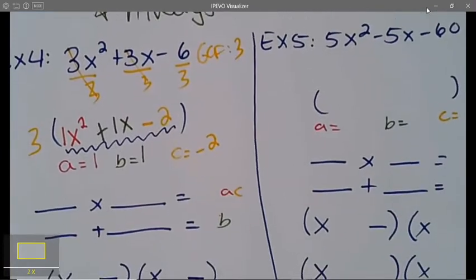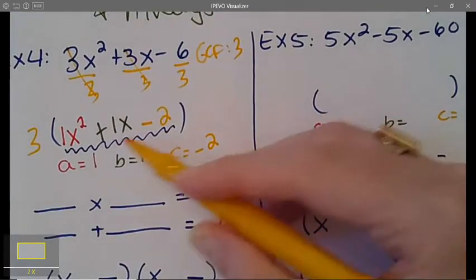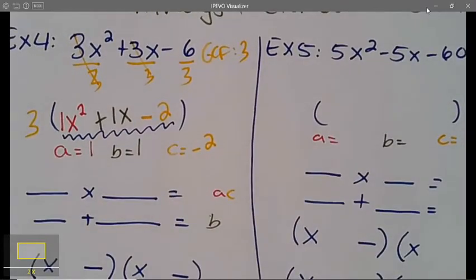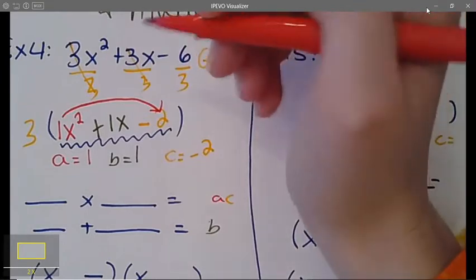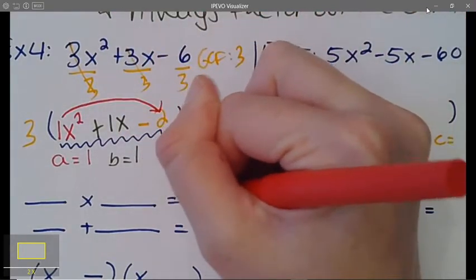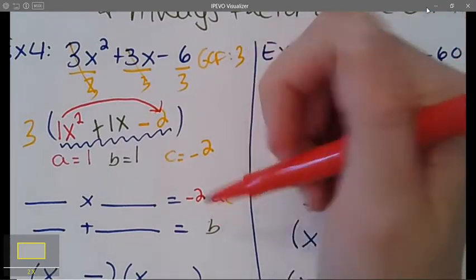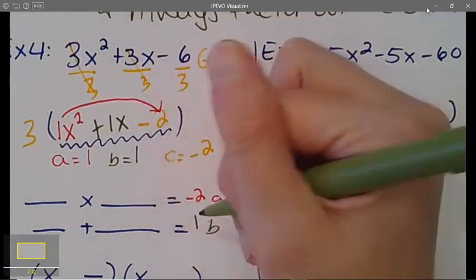Okay? And then after that, we want to try to find 2 numbers that will multiply to be A times C. Or remember, we slide A to C, which means we multiply. So 1 times negative 2 is negative 2. Okay, and then I want to also find a number that will add to be B, which B is 1.